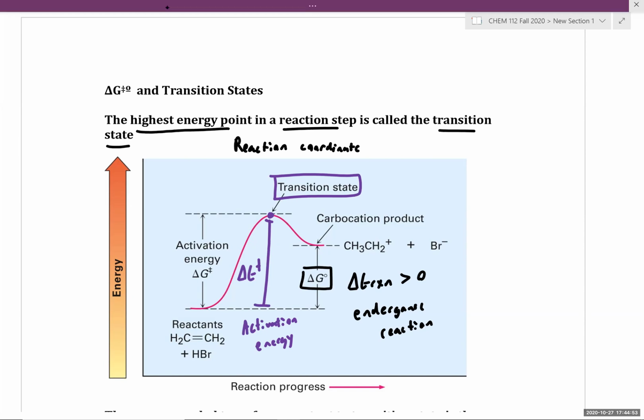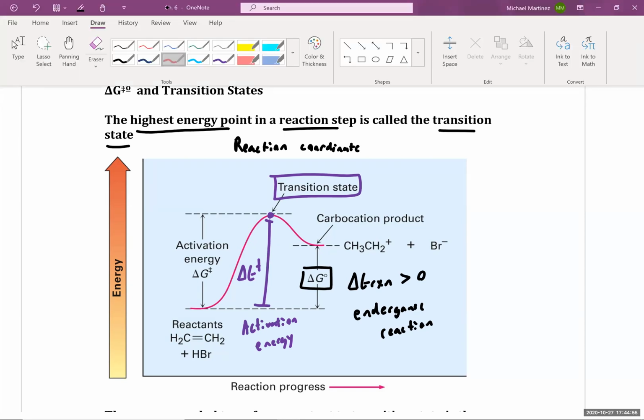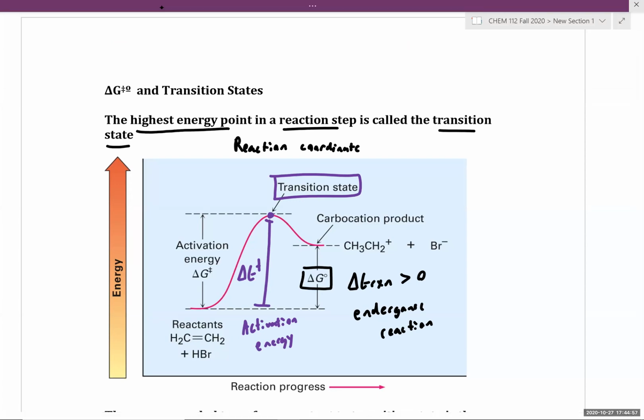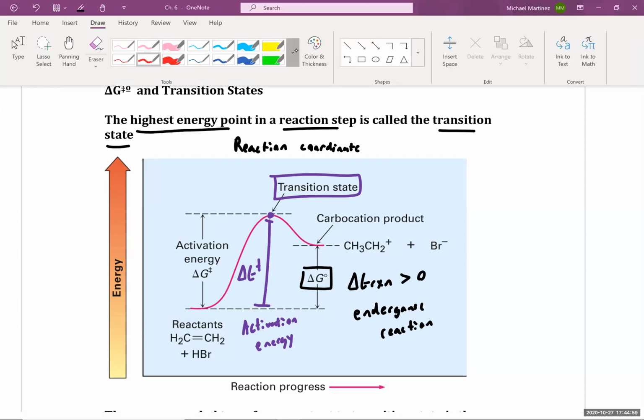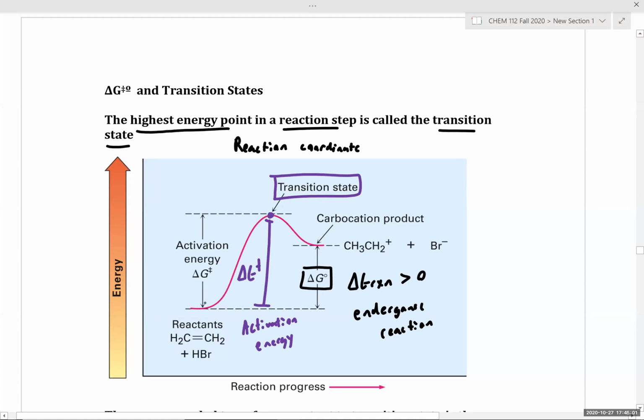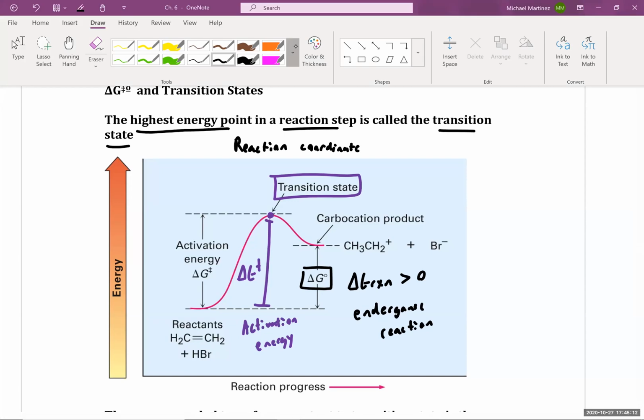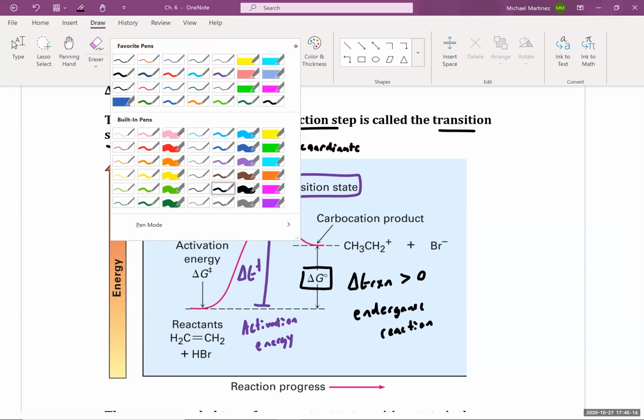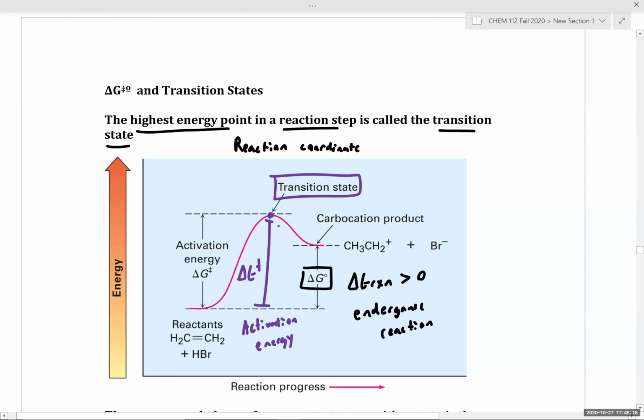Now, keep in mind that in this case, we're looking at the activation energy to go from the reactants through the transition state to the products. However, reactions can be run in both directions. Reactions can be reversible.